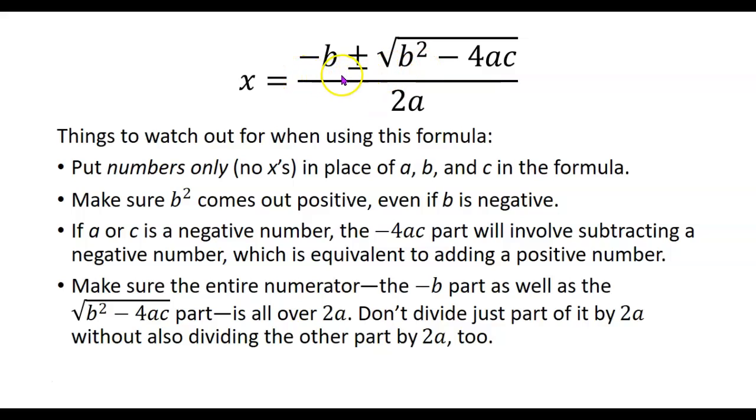And notice that the entire thing, the negative b and the part under the square root sign, is all over 2a. So you're dividing this whole thing, both the negative b part and the square root of b squared minus 4ac part, by 2a. You can't just divide one part or the other by 2a. It all has to be divided by 2a. So with that in mind, let's work through some examples and see this formula in action.